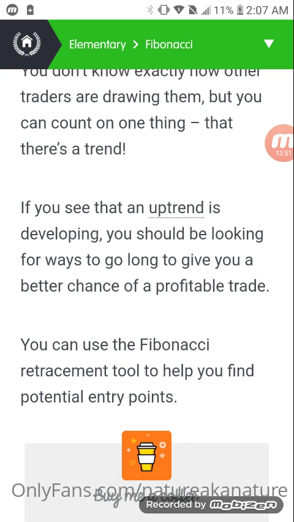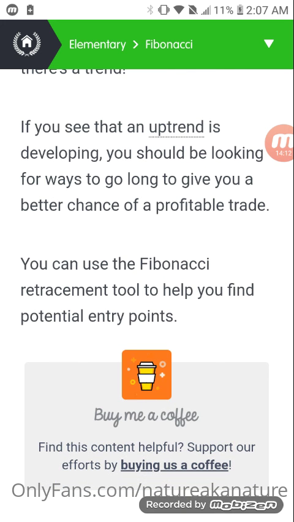Once you find where price wants to go back as far as support for the uptrend or resistance for the downtrend, then you can pop out your Fibonacci retracement levels and get in for a better chance of a profitable trade. So you can use the Fibonacci retracement tools to help you find potential entry points.